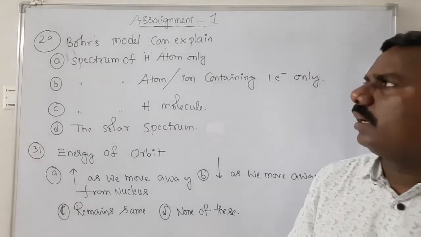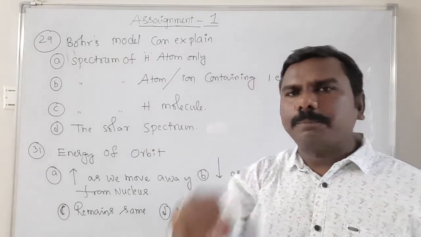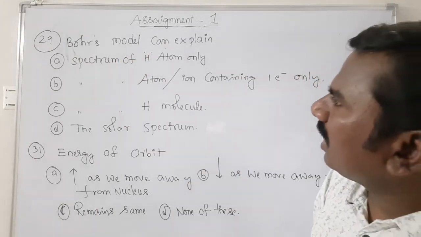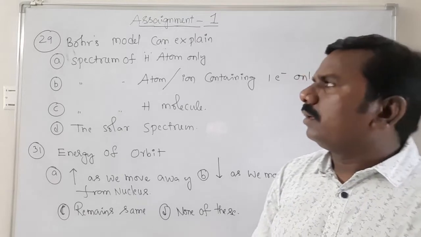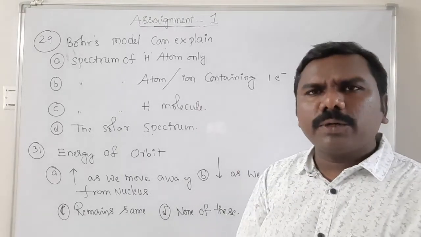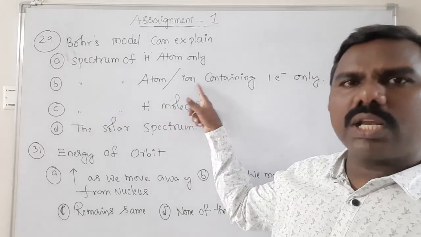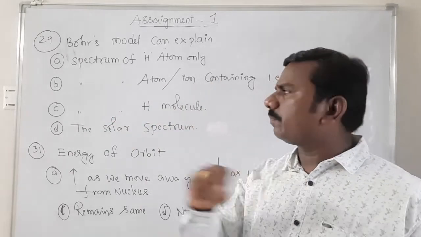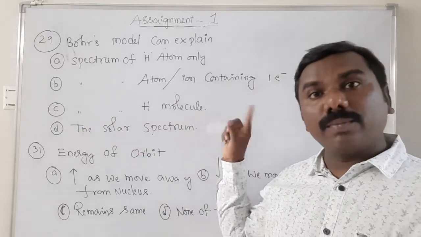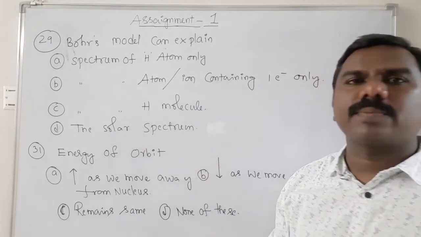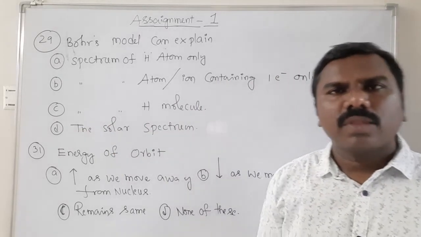Okay students, next bit number 29. Bohr's model can explain the spectrum of hydrogen atom only, the spectrum of an atom or ion containing 1 electron only, the spectrum of hydrogen molecule, or the solar spectrum. Observe carefully.